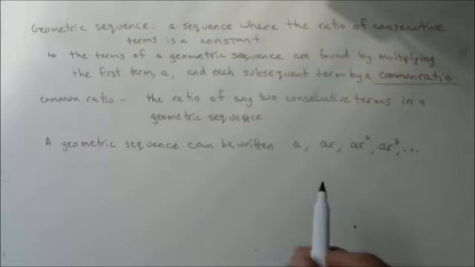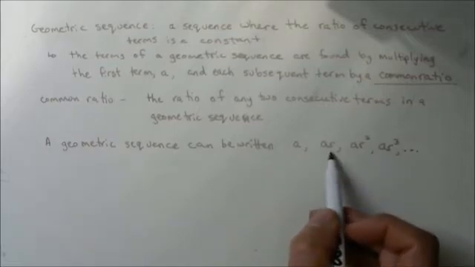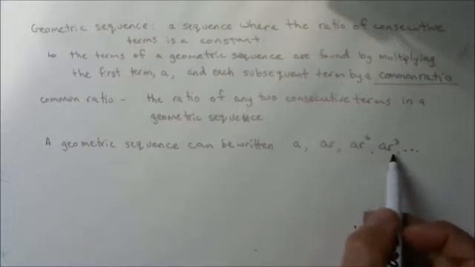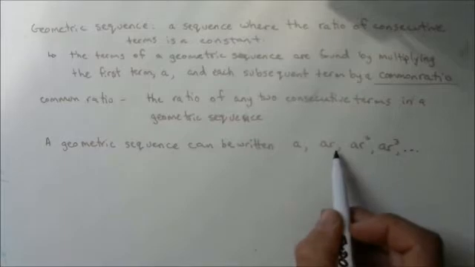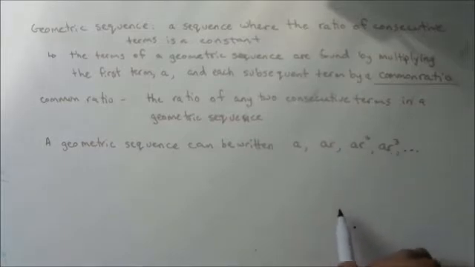Okay, so you can see what's happening. You take the first term, multiply it by your common ratio, multiply that term by your common ratio, multiply that term by your common ratio, and all you're really doing is repeating the factor r, which is the same thing we're familiar with in exponential equations.